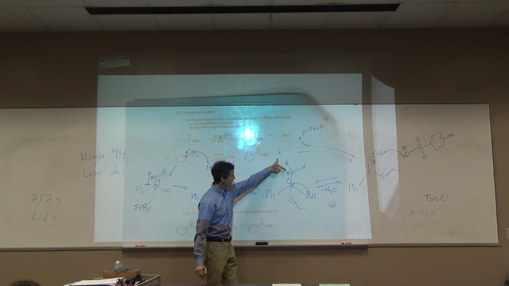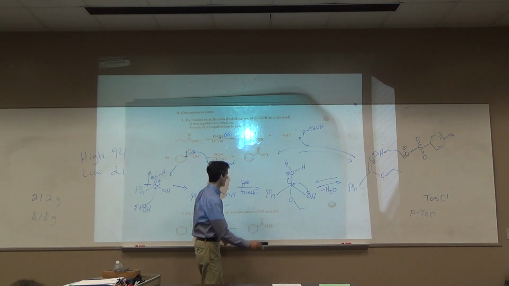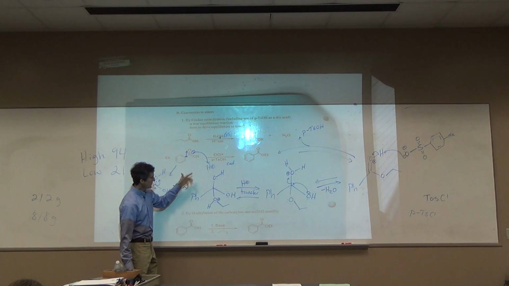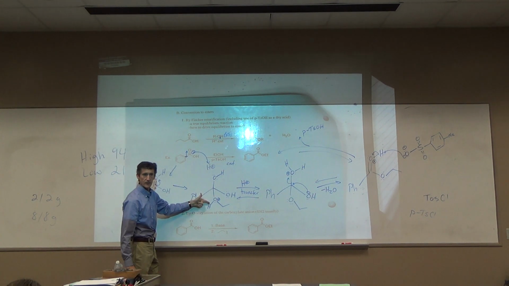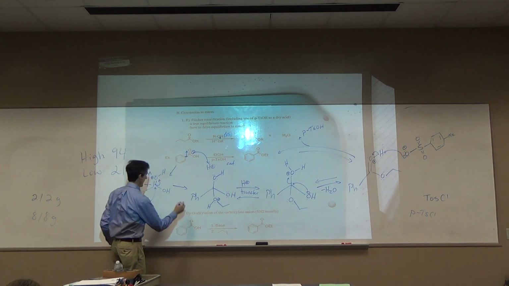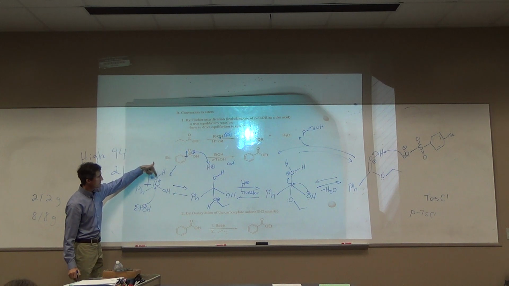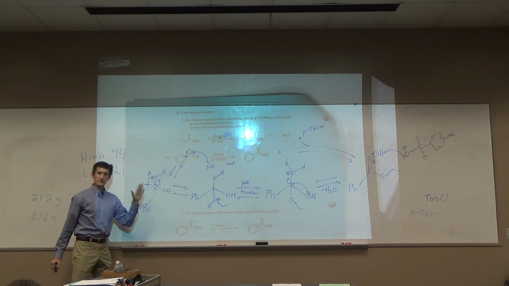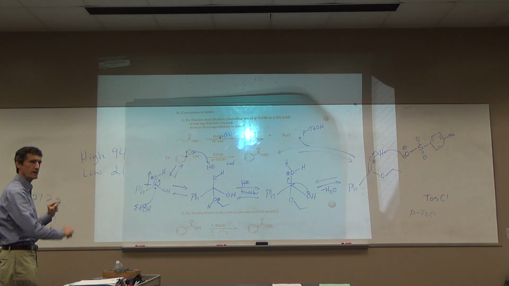At this point, could you transfer a proton from this oxygen to this oxygen? Yes, why not? At this point, could you not make the pi bond and kick off protonated oxygen? You'd be kicking off the ethanol, and you would get this. And once you kick off the ethanol, could you just remove the proton and go back to neutral? Yes. Completely reversible. It's a complete equilibrium. You have to drive it one way or the other.